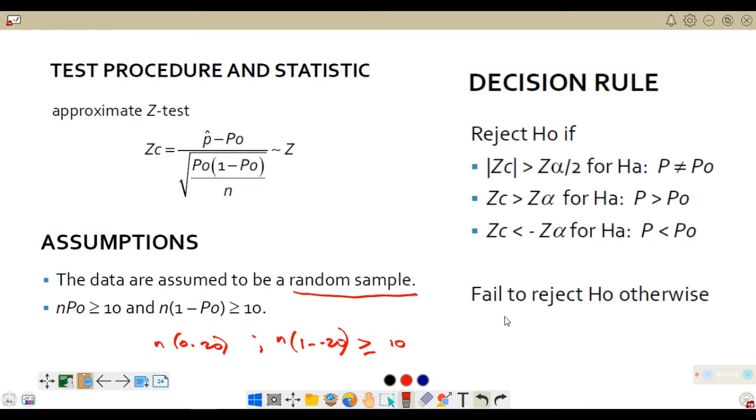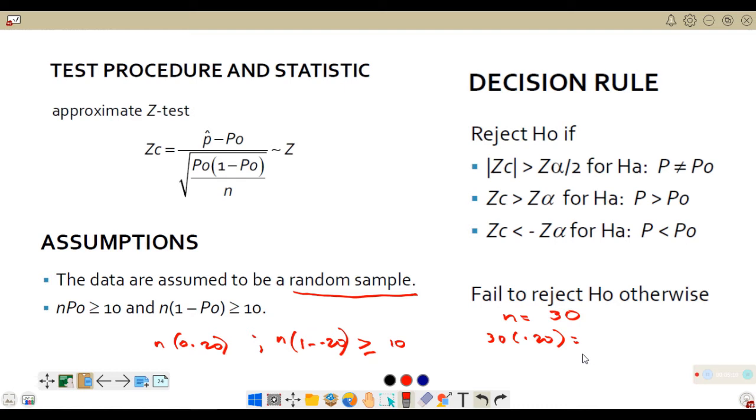So, paano kung ang number of samples mo ay, say for example, 30? Is it possible to perform test of proportion? So, tingnan natin. N times 0.20, that is 30 times 0.20. What is 30 times 0.20?